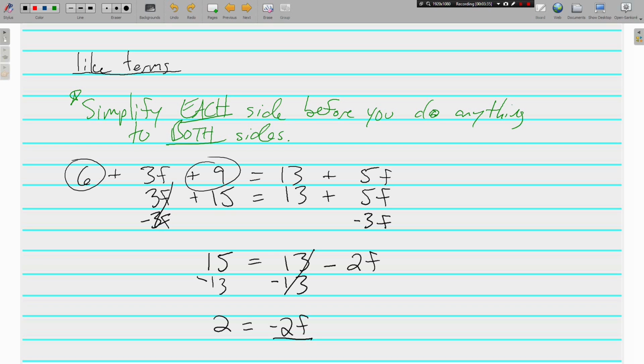I'm multiplying by 2, so I must divide by 2. And that leaves me with f is equal to 1 as our answer. Okay, so when you have things to simplify, make sure you simplify each side before you do anything to both sides.